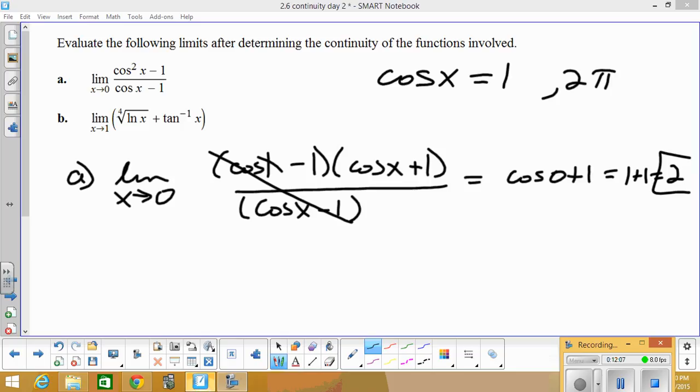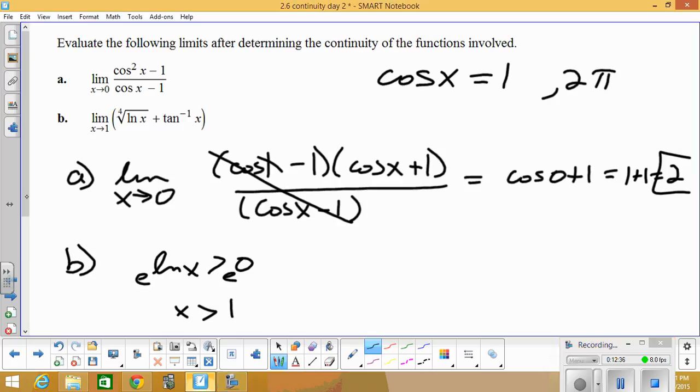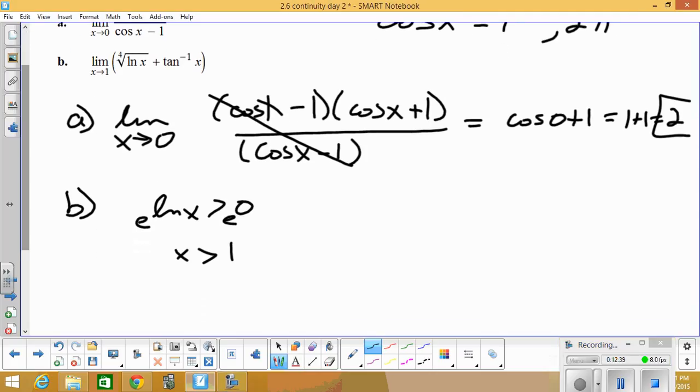So for B, the book goes through a big explanation about the fourth root of the natural log. Remember, though, with natural logs, you have to make sure it makes sense and its domain restrictions are, it has to be greater than 0. If we were to take the e of both sides of this equation, we get x is greater than 1. And if that's the case, then we can go ahead and continue looking at this. We're saying then the fourth root of it has to be greater than 1.